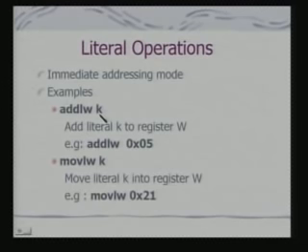So, this literal k which is part of your instruction, you are adding to the content of register W. If you look at this example, this 5 is actually added with the content of W, and the result would be stored in W itself. In this case, you are moving a particular value into the W register.